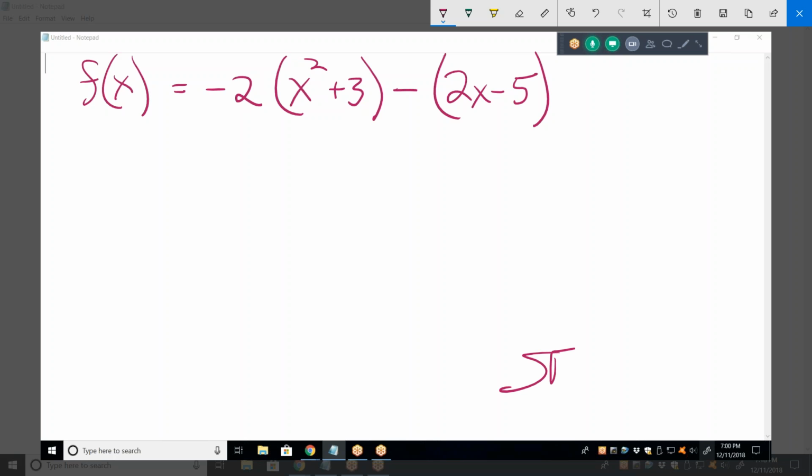Standard form is ax squared plus bx plus c. That's what standard form is. So we're going to have some number of x squareds, and then some number of x's, and then some number. So the way to accomplish all of this is to eliminate the parentheses. So let's do that first.